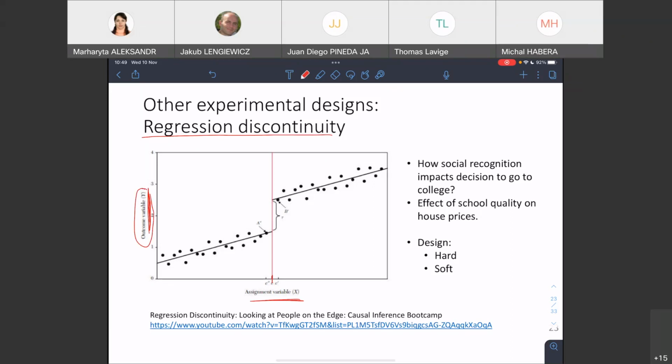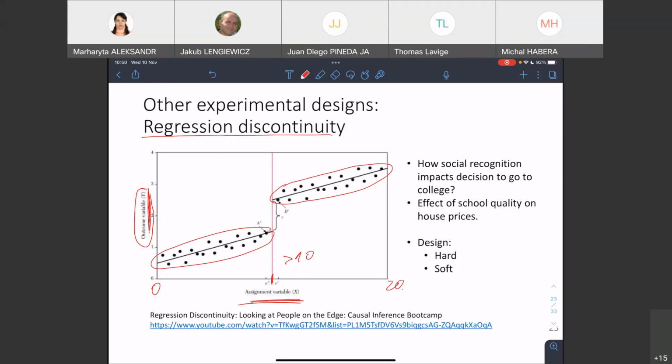This diploma is given based on our variable, grade, and it is given only when your grade is, for example, above 10, if we have the scale from 0 to 20. Now, a naive estimation would be to take all the people who have the diploma and all the people who don't have the diploma and compare them. Will they be able to study at the university later or not?